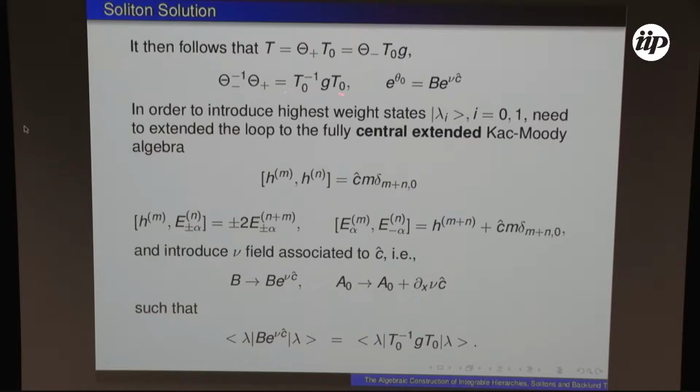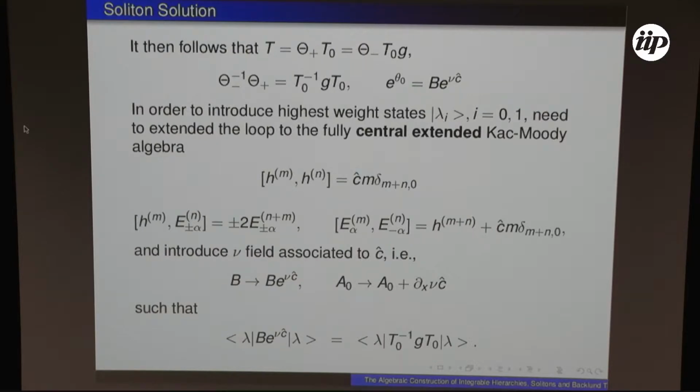Okay? And the right-hand side is not normal ordered because G contains positive and negative grades. So what we are doing is taking this expression, which is not normal ordered, and writing it in terms of a normal ordered product. In mathematics, they call this kind of decomposition a Riemann-Hilbert decomposition.